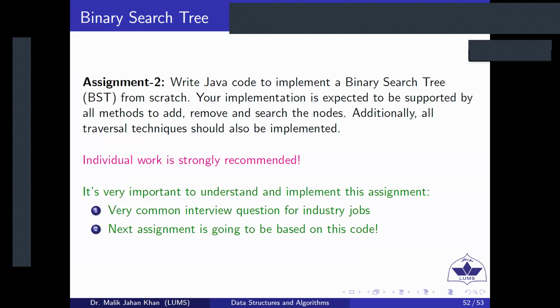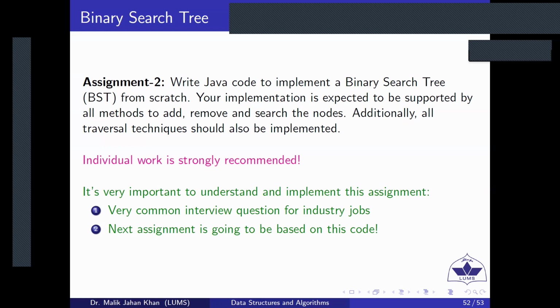And it is very important to understand and implement this assignment for 2 major purposes. Interview questions are very common in the industry, particularly software industry, as far as binary search trees are concerned. And the second important reason about this particular assignment is that assignment number 3 will be dependent on this code. So if you don't implement assignment 2, it won't be possible to start assignment 3.